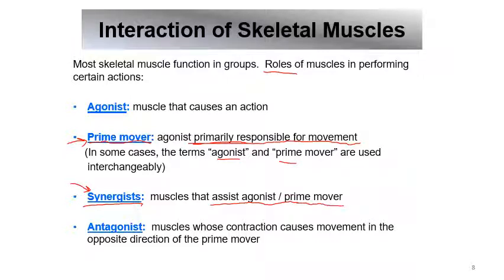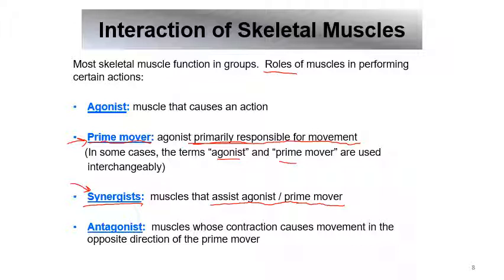So a great example of this: we have the biceps brachii, our arm muscle, and biceps brachii flexes the elbow, but it cannot do it on its own. There is a muscle underneath biceps brachii called brachialis. So we're going to learn about this in the lab portion. Brachialis is helping biceps brachii. And so as a result, brachialis is a synergist to biceps brachii.